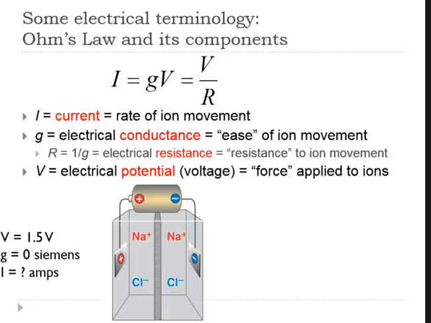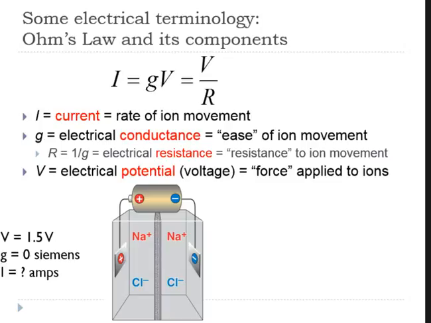So conductance of an ion is effectively how easily it can get across. The other way to express conductance is by its inverse, which is just resistance. So if conductance is how easy it is for an ion to get across, if you divide 1 by that number, you get the resistance, which is just how hard it is to get across the membrane. And they're really kind of the same thing.